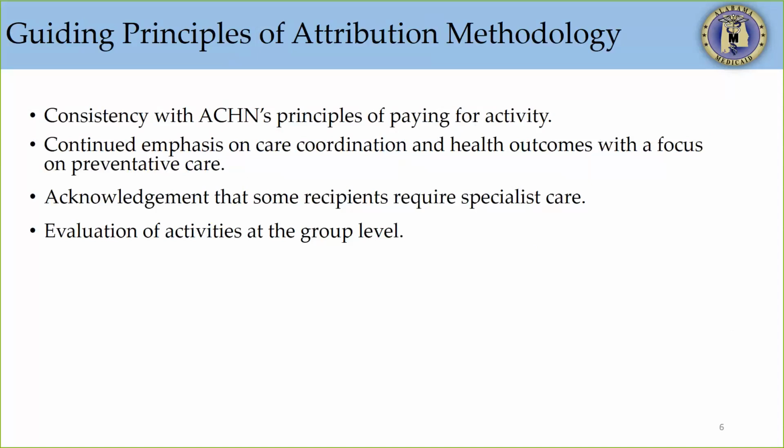We also want to acknowledge that some recipients do in fact require specialty care, at least for a brief period, for their primary care. In other words, a PCP group's outcomes should not be affected by that particular recipient. And finally, evaluation of activities and bonus distribution will be made at the group level, and we'll go into further detail about that.